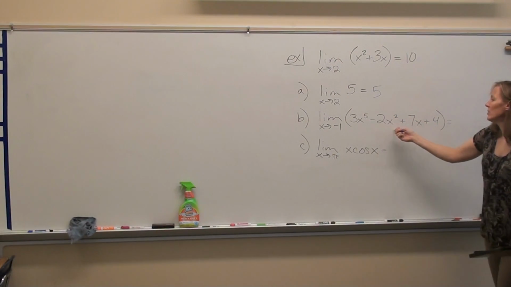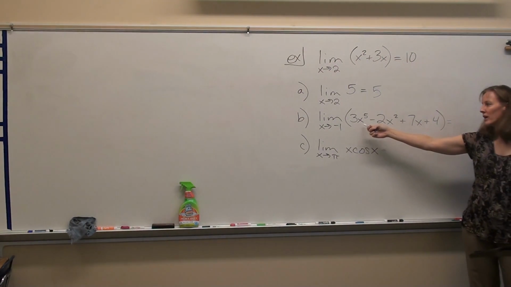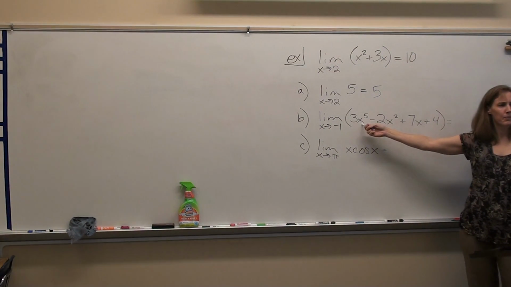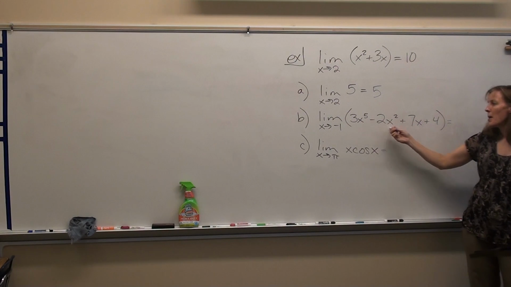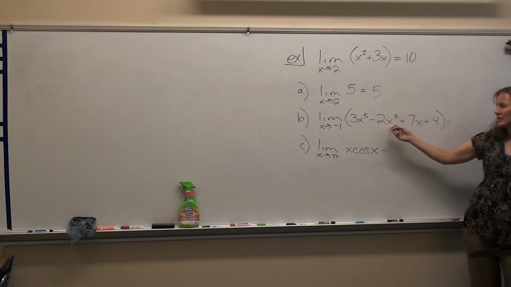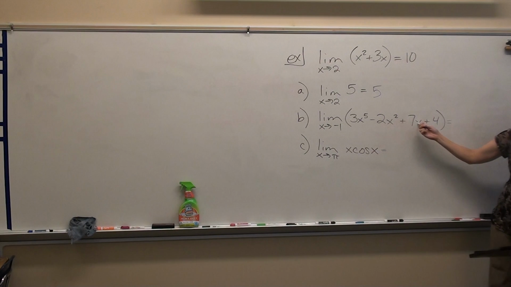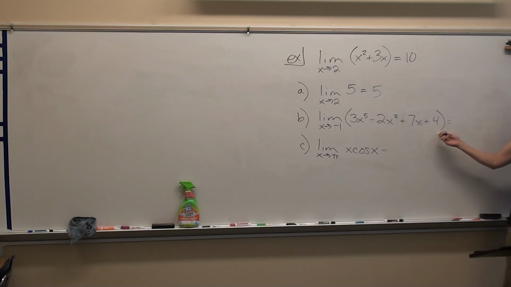All right, for this one, ooh, those negatives. So we get, is this positive or negative 3? Negative. Negative 3 minus 2, right? Because negative 1 gets squared. So negative 3 minus 2 is negative 5. Minus 7 is negative 12. Plus 4 is negative 8.